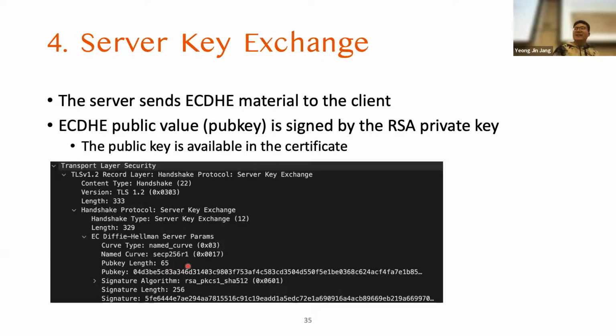Then that value is signed with RSA, and the hash algorithm is SHA-512. What that means is that it will hash this public key using SHA-512, and then use the server's private RSA key to generate the signature of this public material. So this Diffie-Hellman material is authenticated.